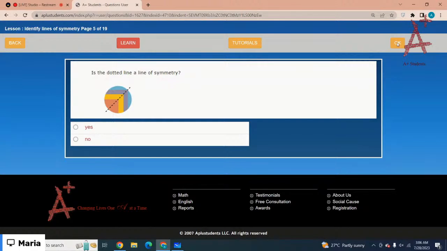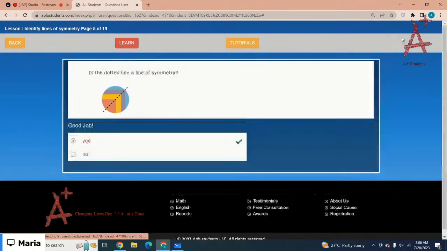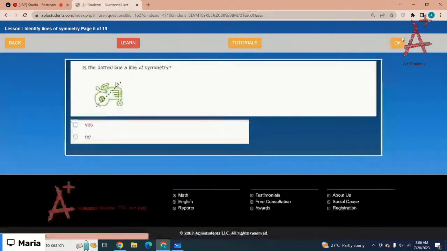If you fold the image along the dotted line, the two sides exactly match up. So yes, it is a line of symmetry. Got it? Next: is the dotted line a line of symmetry? No. If you fold the image along the dotted line, the two parts will not match up. So the correct option is no.